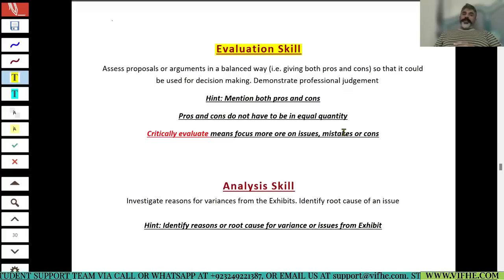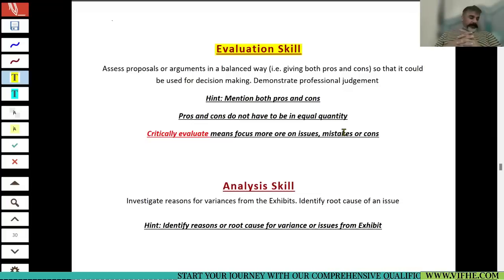We have to include both advantages and disadvantages of, let's say, a proposal, right? Normally evaluation skill is given when there's a proposal. When we read the proposal, we identify the good, favorable points. We also identify the bad points, the negative, unfavorable points, the risks, the issues. So evaluation skill simply means that you have to include both positives and negatives in your answer.